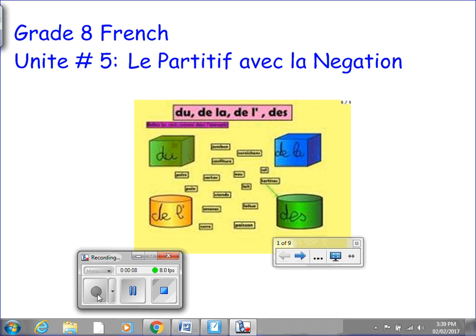This is the first of two grammar / parts of speech lessons, which will be held during Unité 5. In this lesson, we will be looking at le partitif avec la négation.